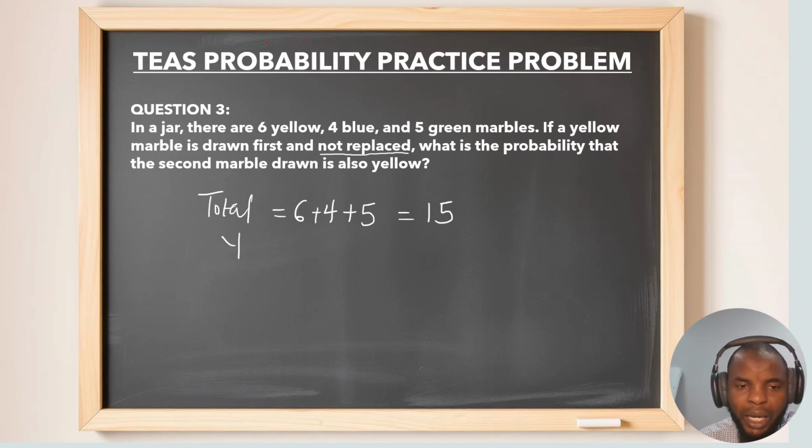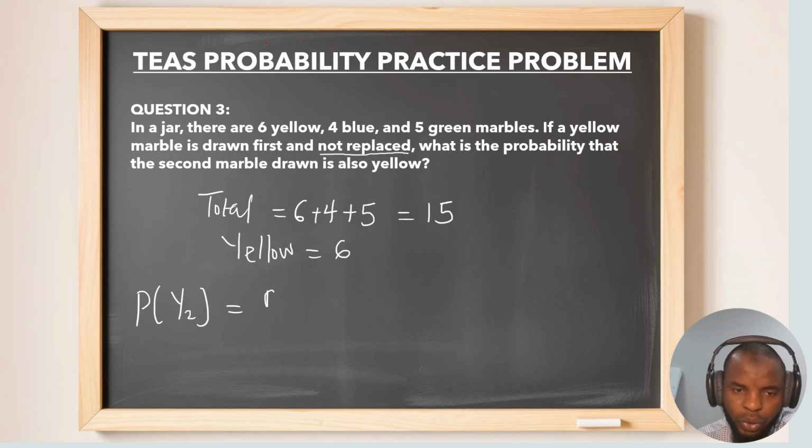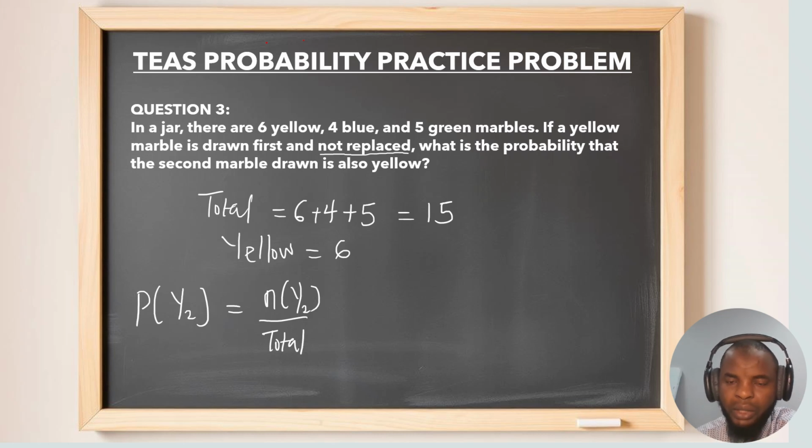And here we have the number of yellow, which is 6. So the question is, find the probability that the second is yellow. Let me put that as y2. So we have the number that the second is yellow over the total. Now let's go back to the question. It says, if a yellow marble is drawn first and not replaced.